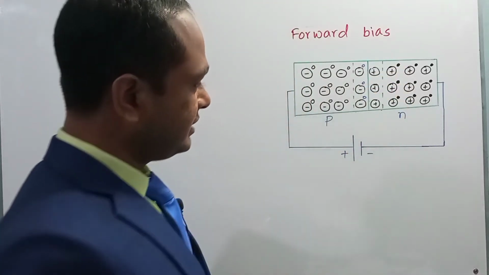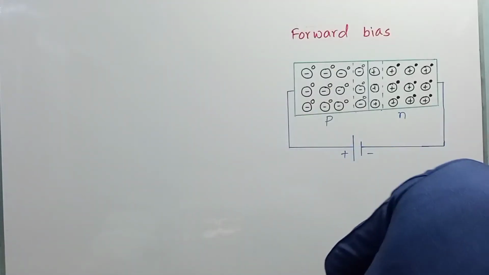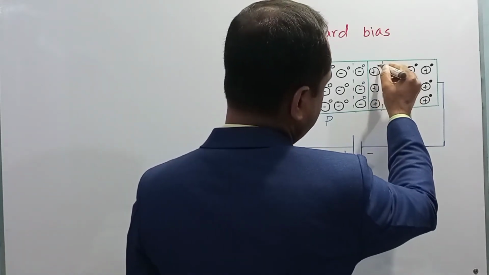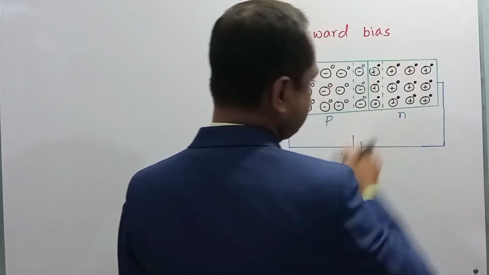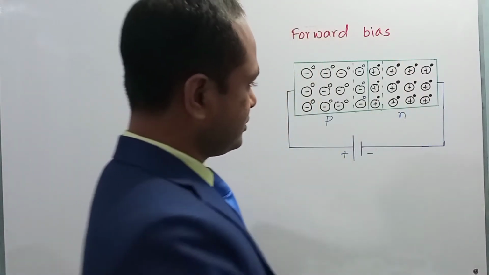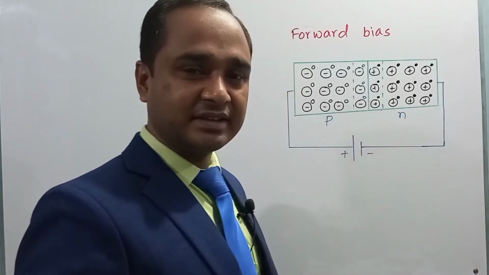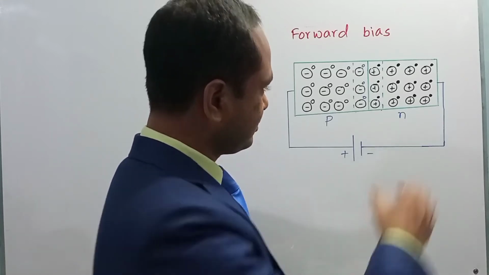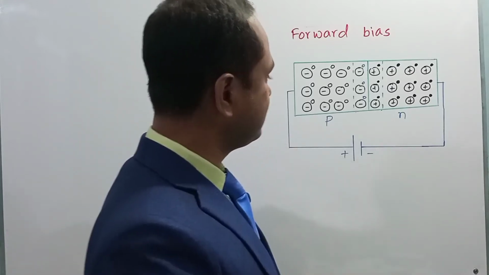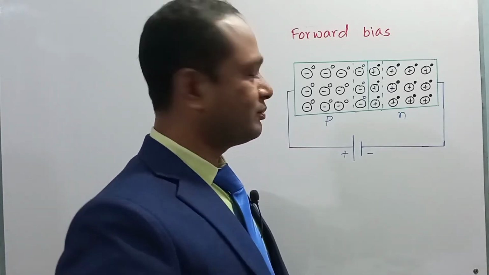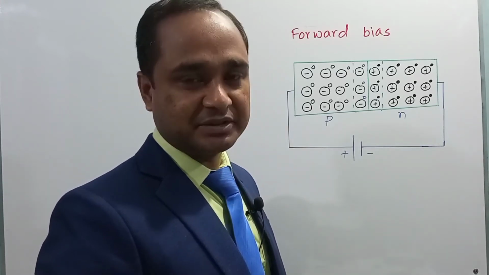On the other hand, due to the negativity of the pole, some new electrons will be created in the depletion layer. So the depletion layer will decrease, that is, the barrier of the p-n junction will decrease, and in this situation electricity can conduct through this device. This type of connection is called forward bias. Due to this biasing, electricity can conduct through this device.